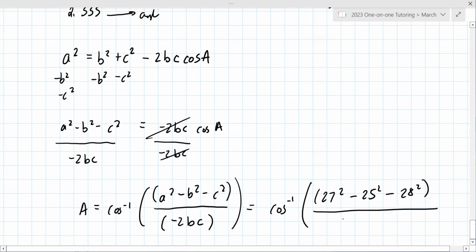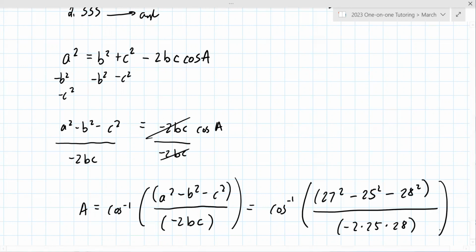So we've got minus 2 times 25 times 28, like that. So a bit of effort there. So let's take a look here. Get that in the calculator.